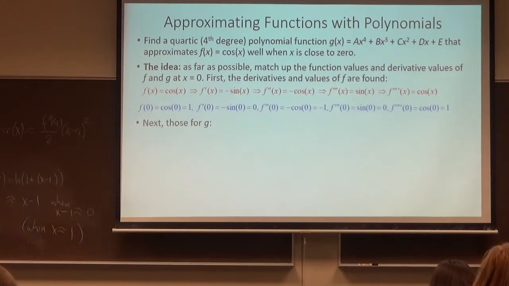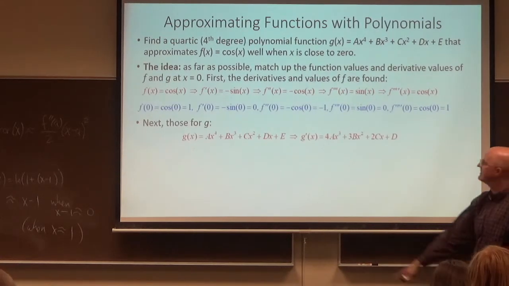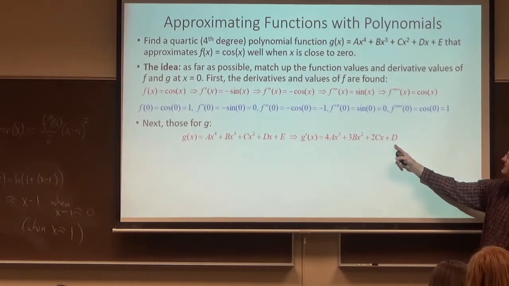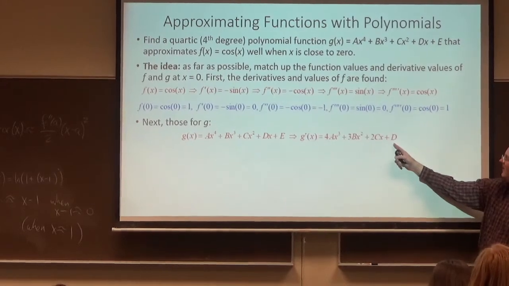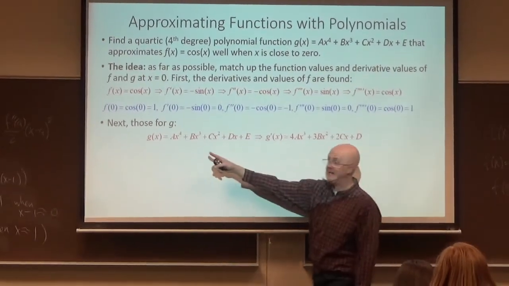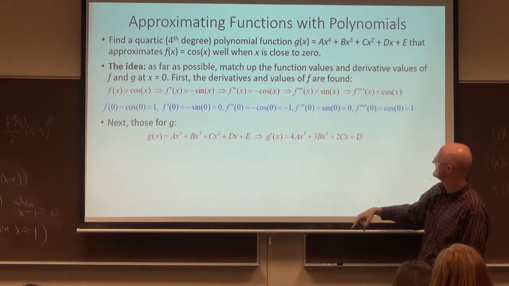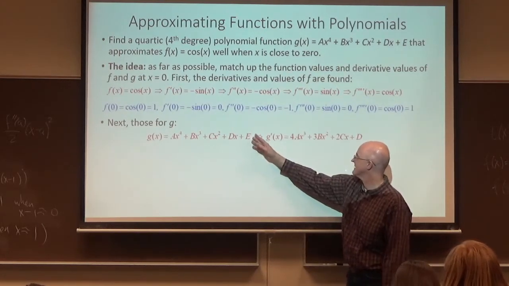How about the derivatives for g? If g of x is this, its derivative is this. I'm confident you can do that if I asked you to. Check it in your mind right now. Right? Power rule and linearity. The a, b, c, d, and e get carried along for the ride, although the last e is a constant times x to the 0, you might say.